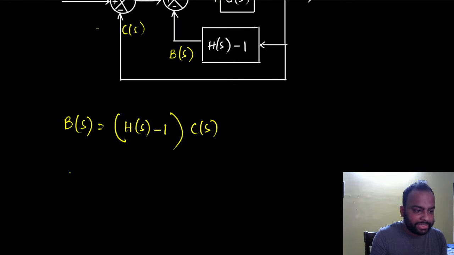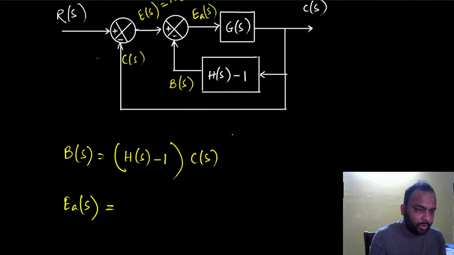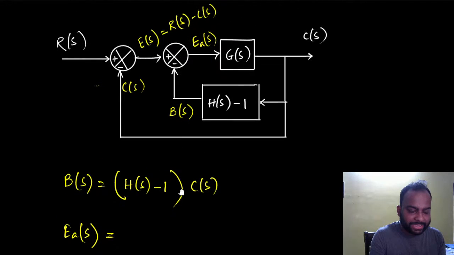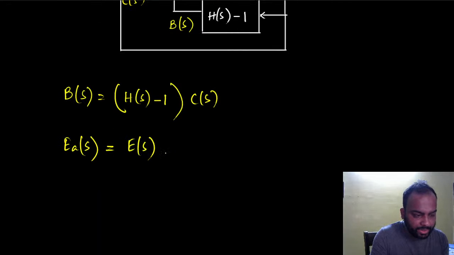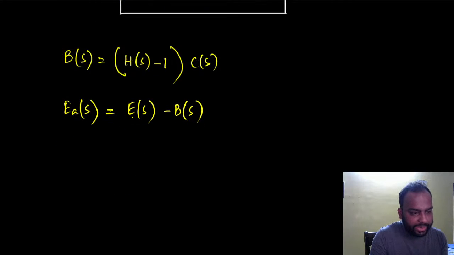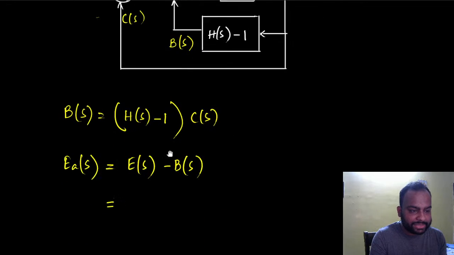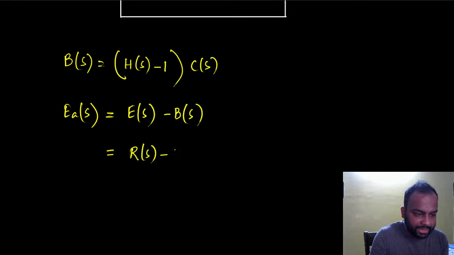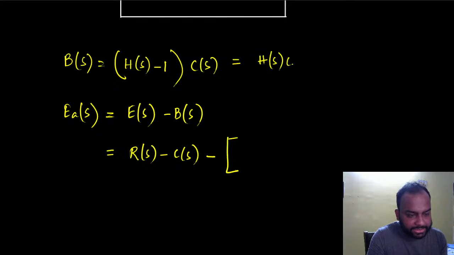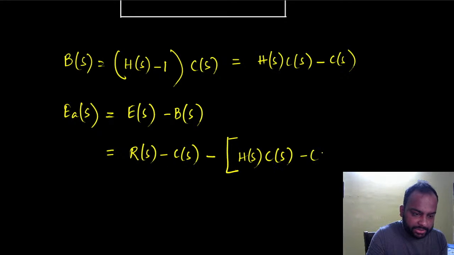Now what is EAS? The actuating error signal here would be ES minus BS. Now in this diagram, ES is RS minus CS, so this is RS minus CS minus BS, and BS is HS CS minus CS.